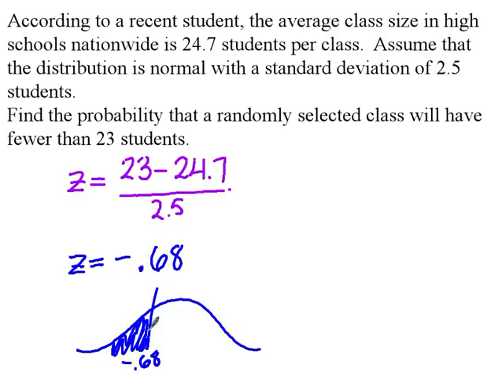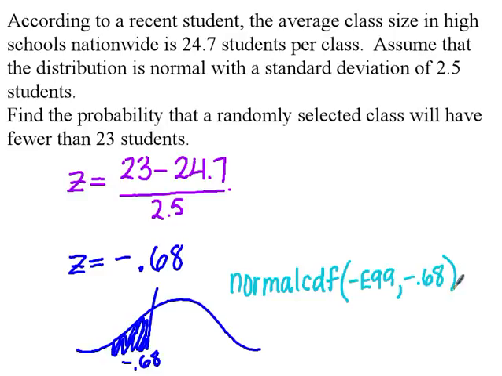Okay. So you're going to go ahead and do your normal CDF. Negative E99 to negative 0.68. And what did you get your probability to be? 0.2. Somebody else get that? So 0.2483 is going to be our probability.